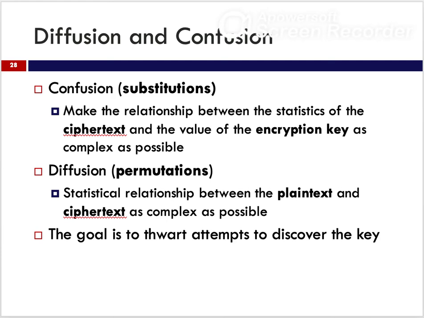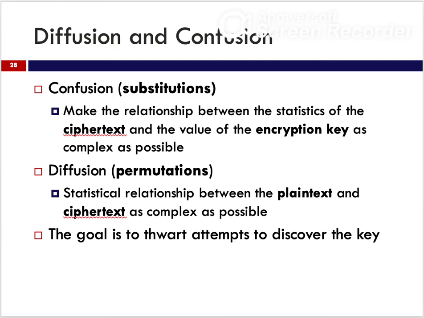What does it mean to make the relationship as complex as possible? It means that if we perform one encryption operation with a particular key, and in the second encryption we change just one bit in the key, then half of the bits of the ciphertext should be altered. This is called the confusion property.